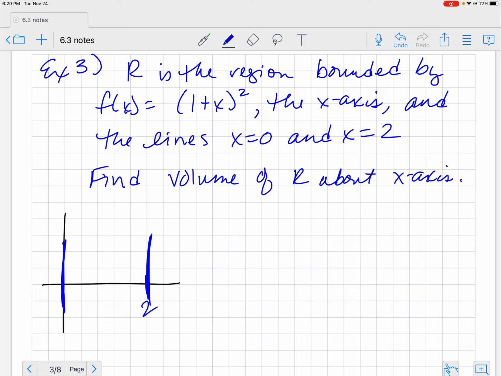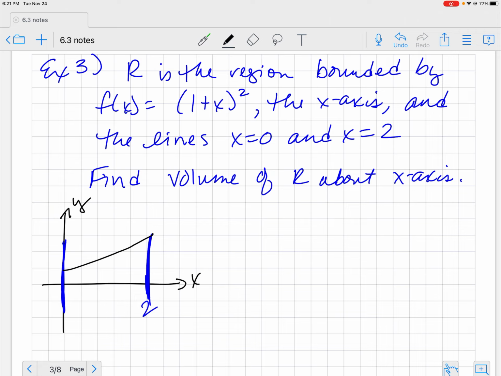So it's going to be the parabola, moving to the left one, right? We're just winging it. This is my y-axis. This is my x-axis.